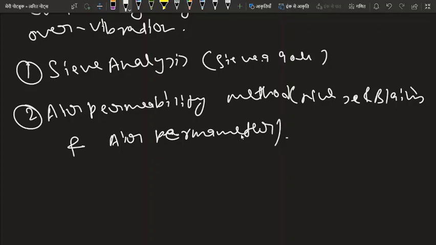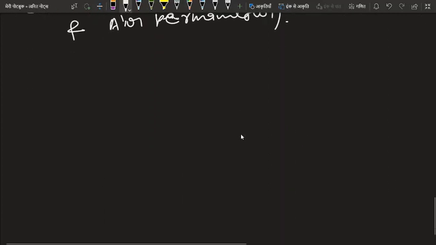First we will discuss the fineness test using the sieve analysis method.